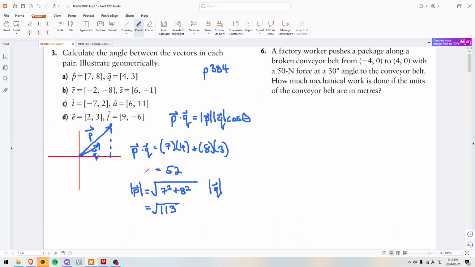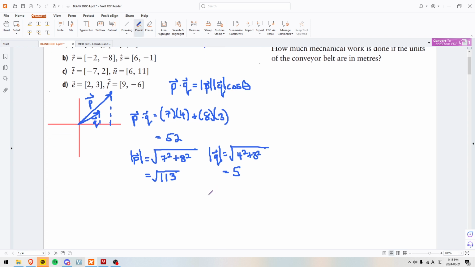In the same way, for the magnitude of Q, I can pretend Q is the hypotenuse of a right-angled triangle, which means the magnitude is the square root of 4 squared plus 3 squared. That's a Pythagorean triple: 3, 4, and 5. Therefore, putting it all together, we've got 52 equals magnitude of P times magnitude of Q times cosine theta, which allows cosine theta to be 52 divided by 5 root 113.